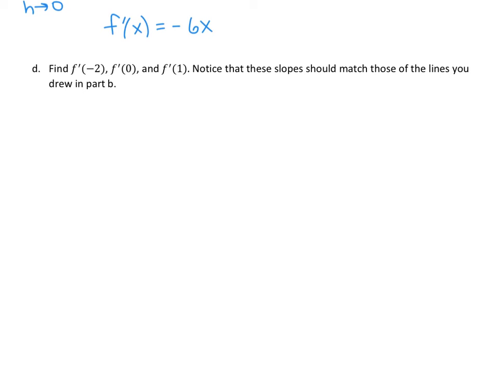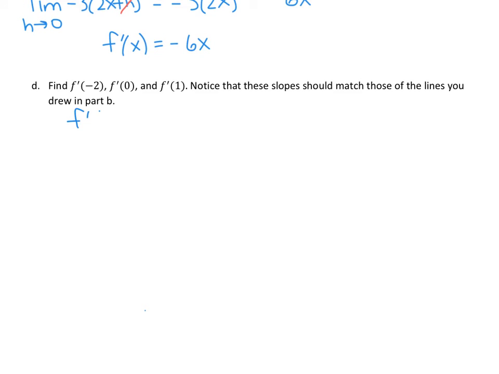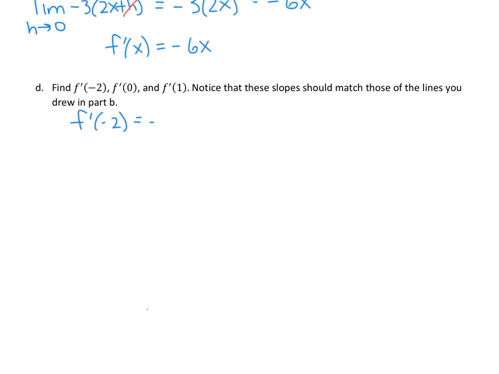So using our f prime of x formula from part C, we can find f prime of negative 2 by plugging negative 2 into our derivative. So we have negative 6 times negative 2, which gives us positive 12. So the slope of the tangent line at negative 2 is equal to 12.